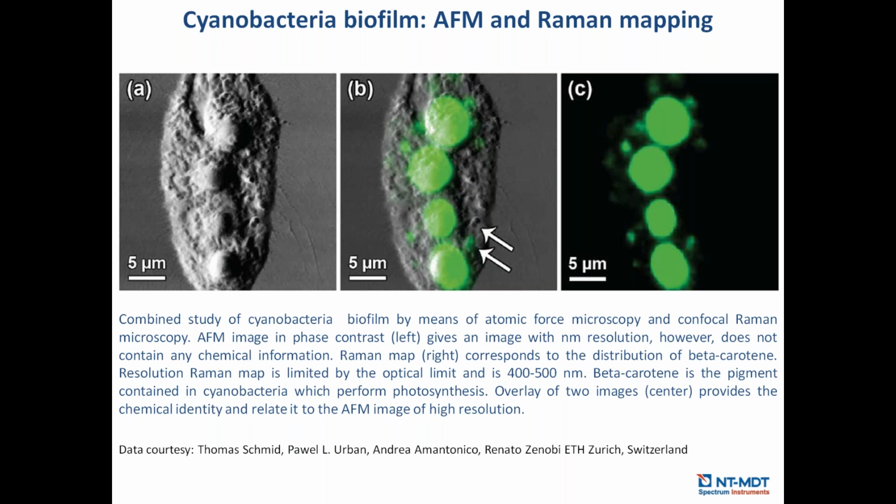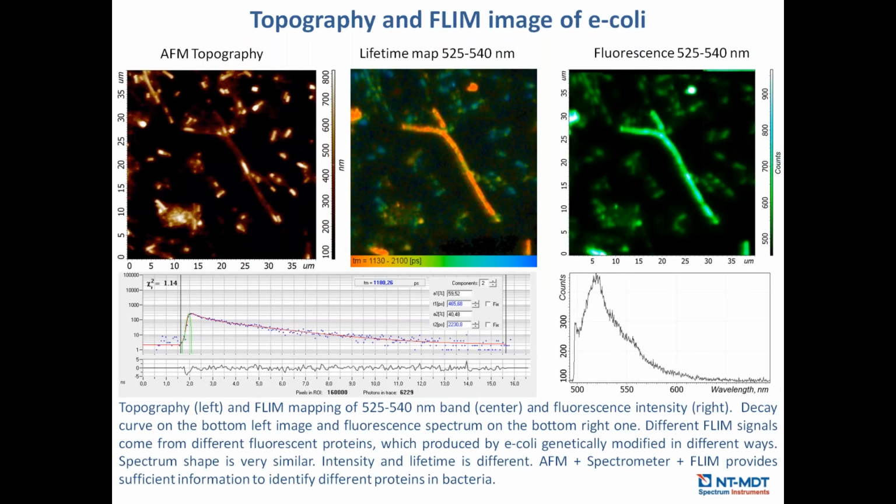Then the spectrum was analyzed to get the intensity in the band of about 400 to 500 nanometers, and then a map of this fluorescence was produced. And the time-resolved technique was applied for the next slide.